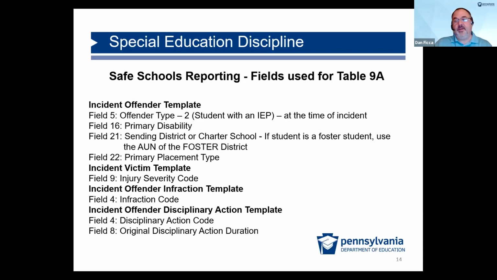Or maybe there are situations where you have 3 students on table 9A that you didn't have in Safe Schools, and maybe you have 7 students in Safe Schools that you didn't have on table 9A. So that's the first thing I would do. Just compare those student IDs and see which are missing from each report. And that'll help you figure out why they may or may not have been on 9A, or may not have been in Safe Schools.